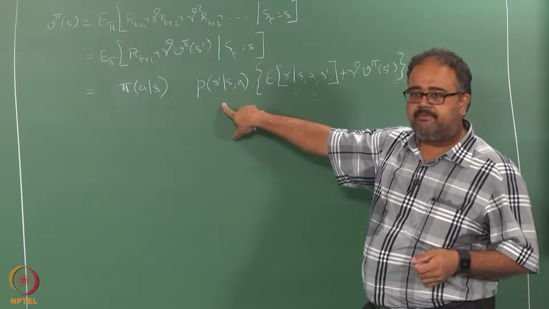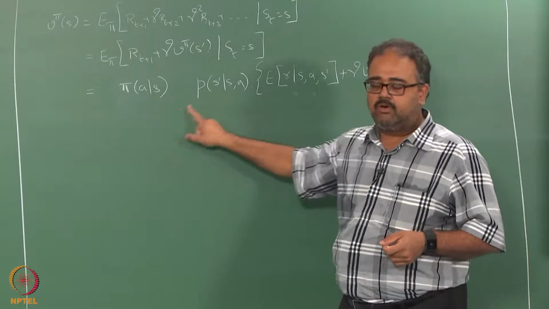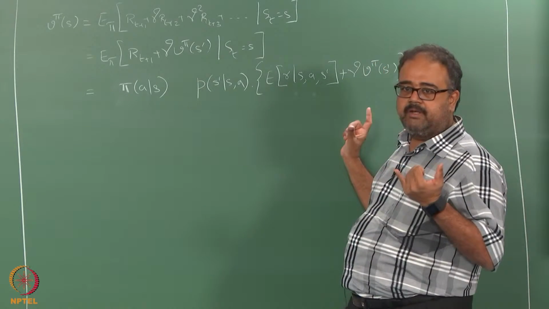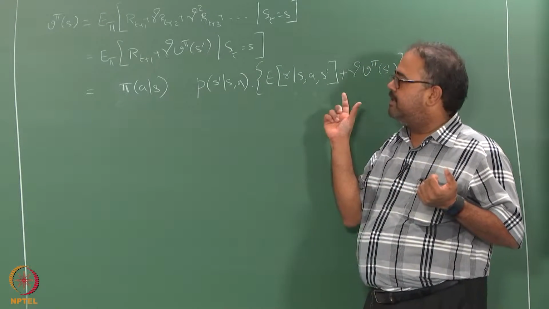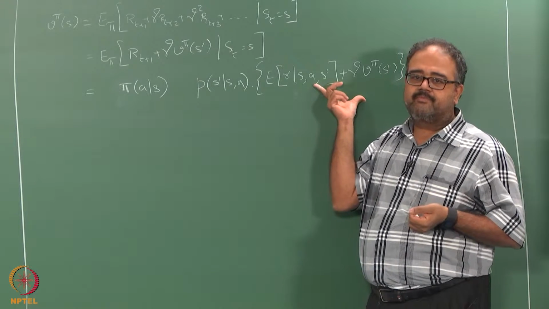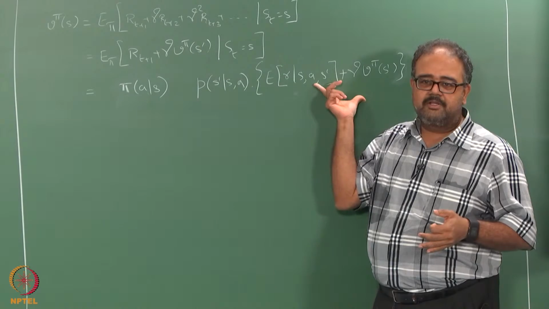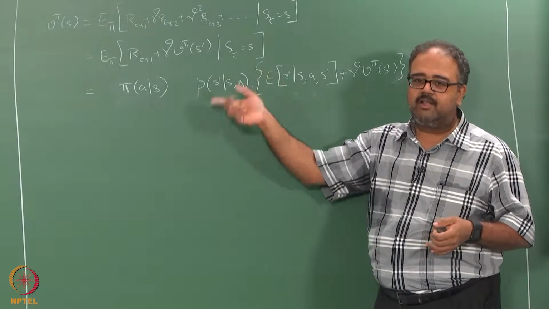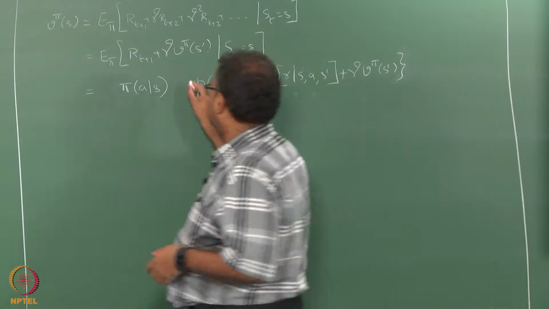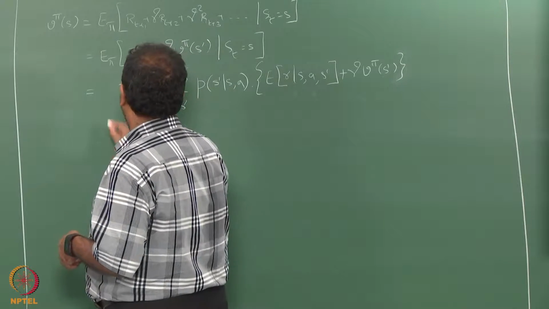It is this times the probability I will pick action A. So this whole thing gives me the probability that this will be my expected return. Now I have to do this over all possible outcomes. So basically a sum over S prime.